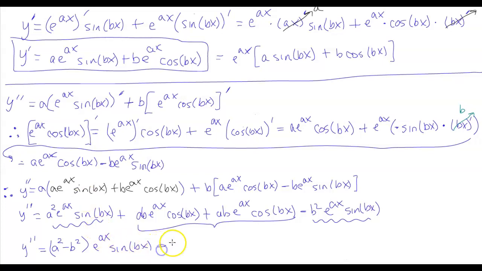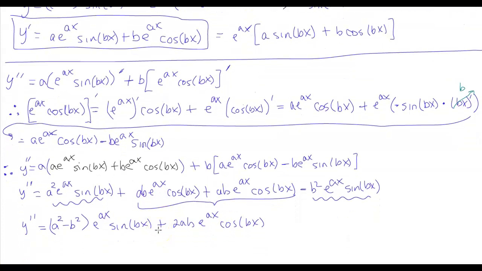And then this will be plus 2ab e raised to the ax cosine of bx. And so you could leave the answer like that, or you could go ahead and factor out the e raised to the ax in both terms, which is something I would prefer to do.